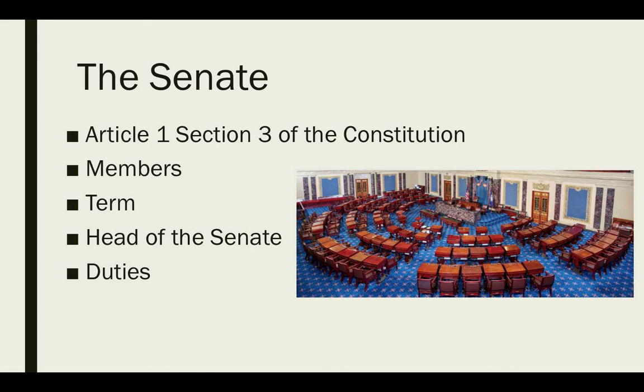The Senate also approves selections by the president of federal officers. These federal officers include the cabinet, Supreme Court officials, and federal judges. Think of the Senate approval process as a really extensive interview. It is not done by all 50 members; there are committees that are selected to do these interviews, and they check everything.